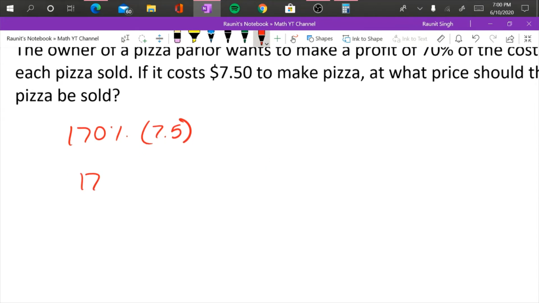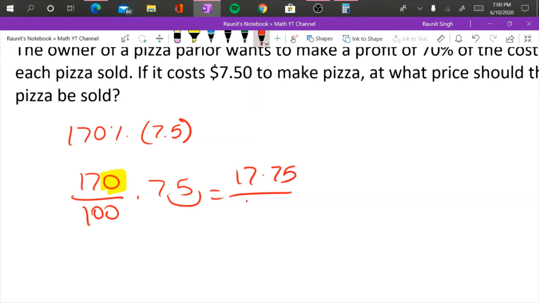So it will be 170 over 100 times 7.5. Since we have a 0 with the 170, we can move the decimal over one place so that it becomes 17 times 75 over 100.